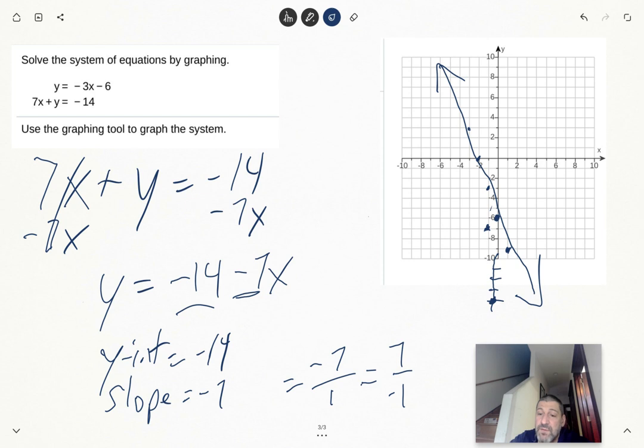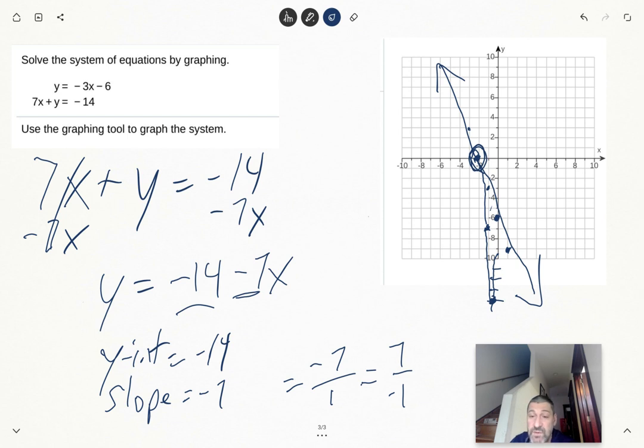Then up 7 again and back 1 puts us there. Up 7 more, backwards 1 puts us right there. Again, I apologize for the messiness, but it should be easier in Math Excel when you have straight lines and the computer to help you out.